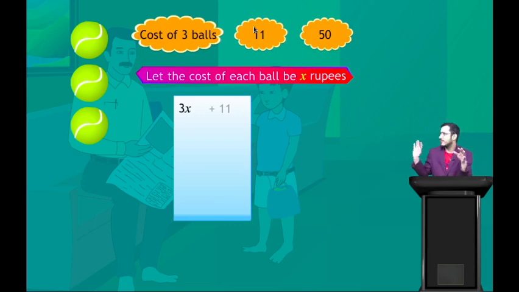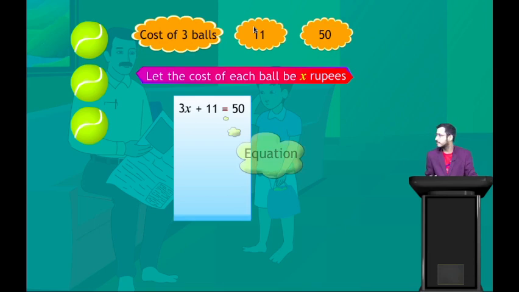Okay, let the cost of each ball be rupees x here. Let's suppose the cost of each ball is x rupees. Then 3x plus 11. Why 3x? Yes, the number of balls here is 3 and the cost of each ball is equal to x. So 3x plus 11 is equal to 50.